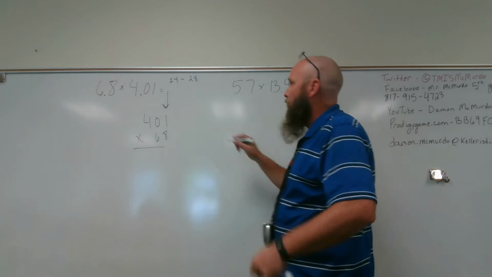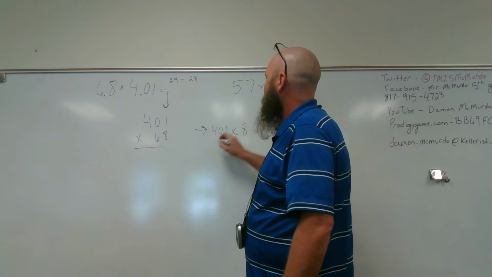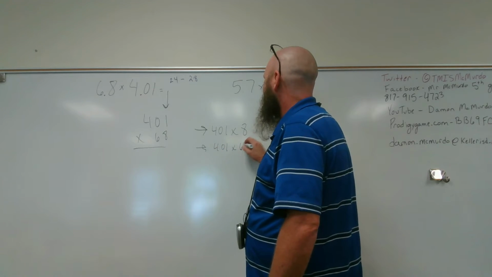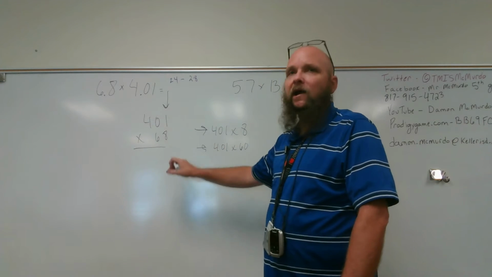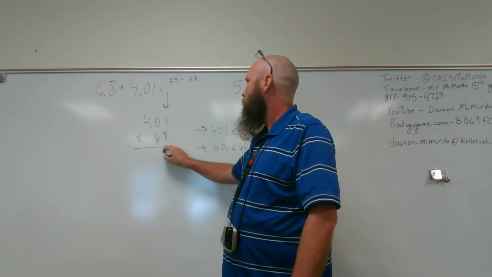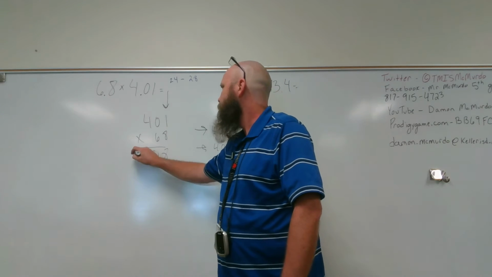So I'm going to multiply 401 times 8, and 401 times 60. Let's take my 8 first. Class, 8 times 1? 8. 8 times 0? 0. 8 times 4? 32.